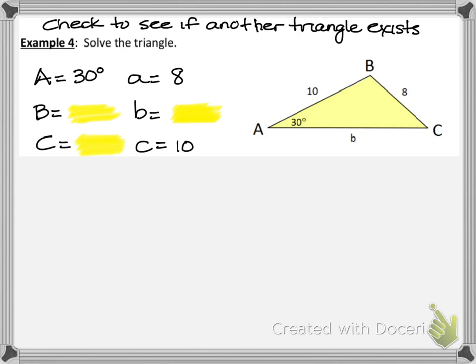So here's what you do to see if there's a second triangle, if there is another triangle other than the one you just found.